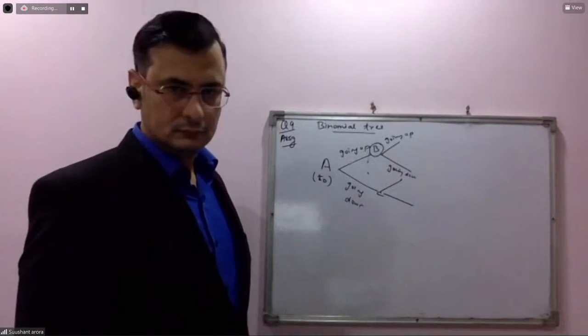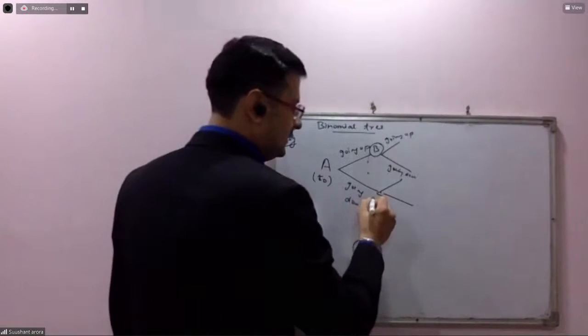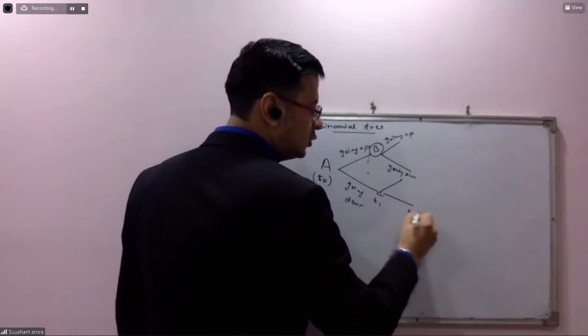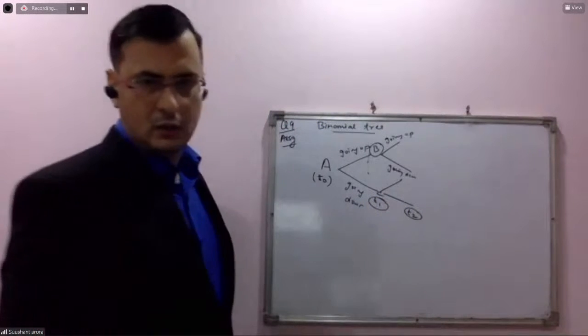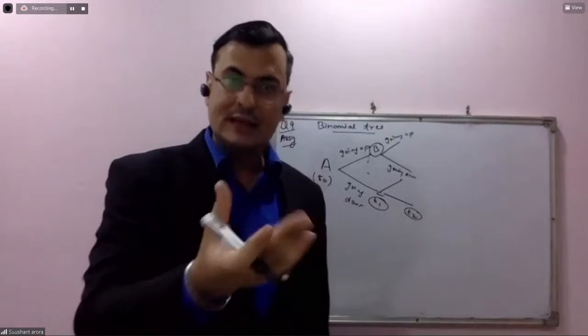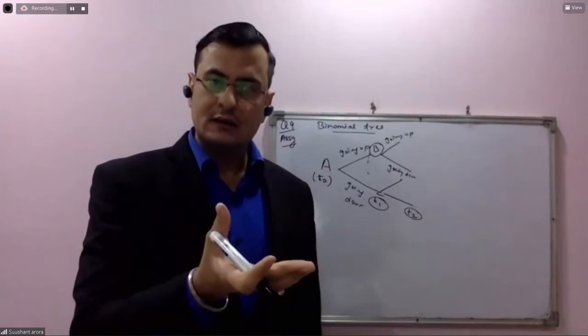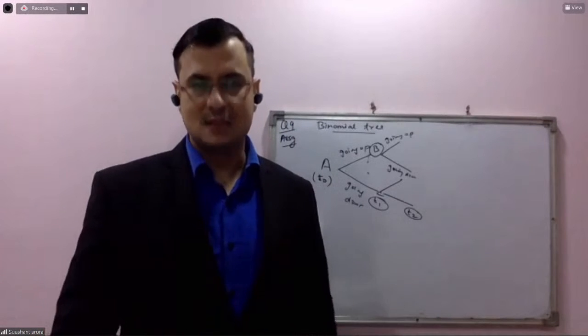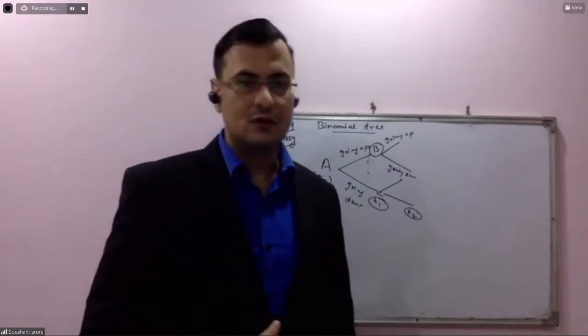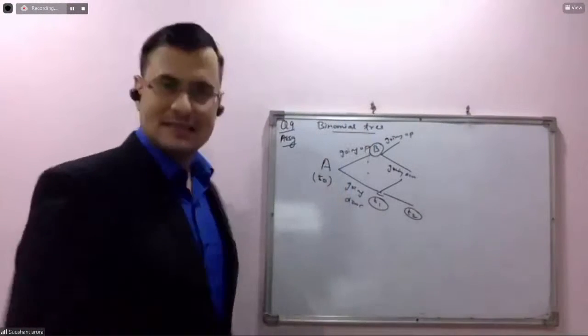Clear? It's a 2-year period. This is T1, this is T2. The examiner may give you 3-year, 4-year, depending on the marks distribution, so you have to be ready for that. I hope this is clear.